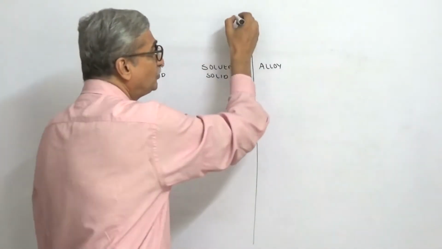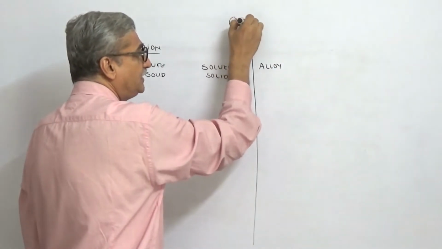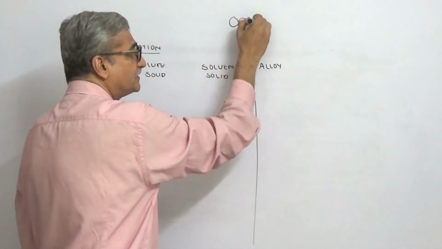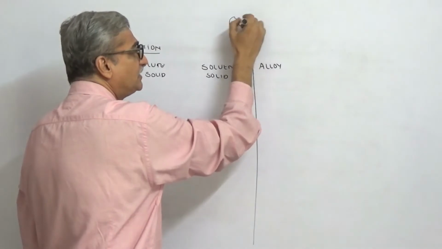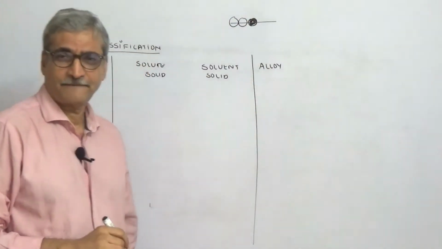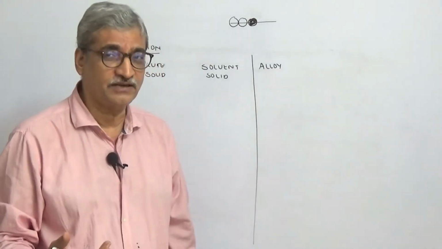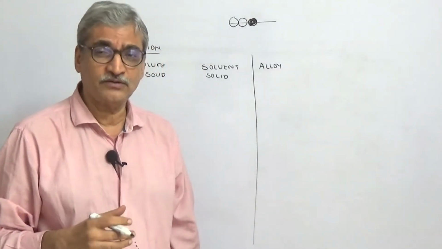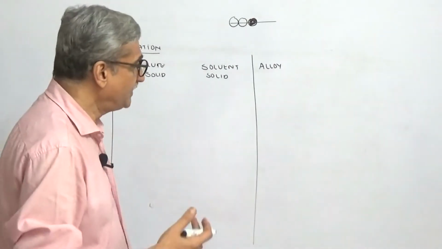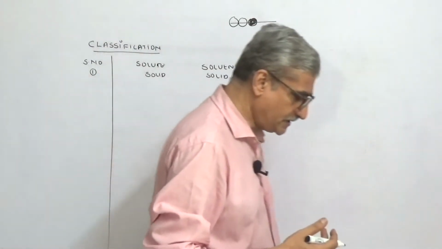If you remember, there are two types of defect, interstitial defect and substitutional defect. In substitutional defect, it is homogeneous. So an interstitial alloy will be a colloid and a substitutional alloy will be a true solution. Is this clear?